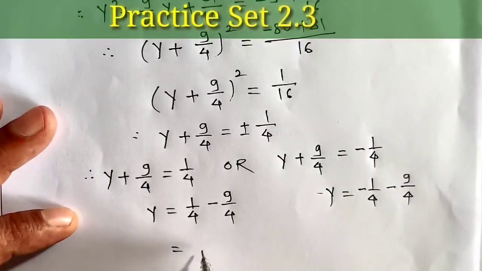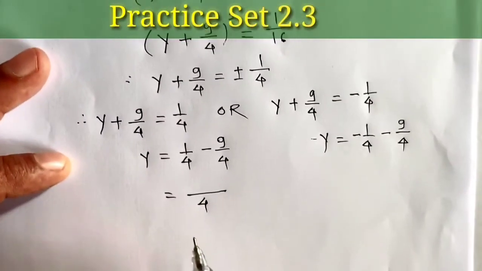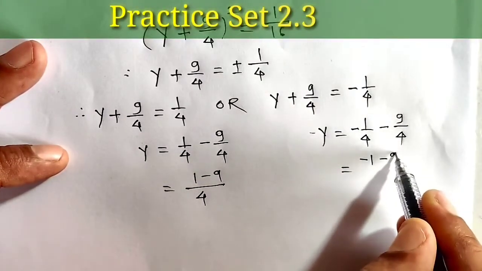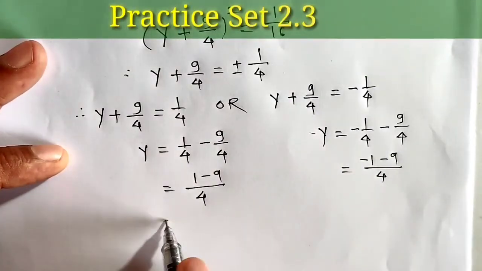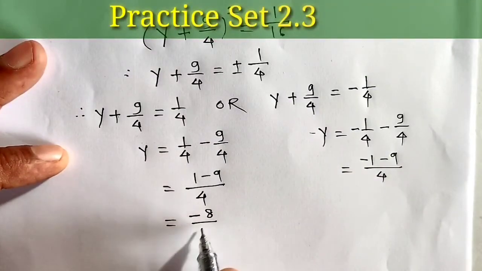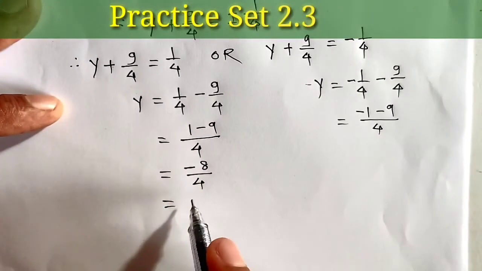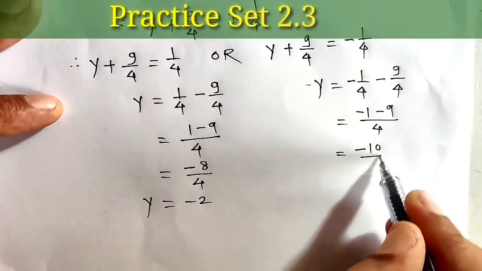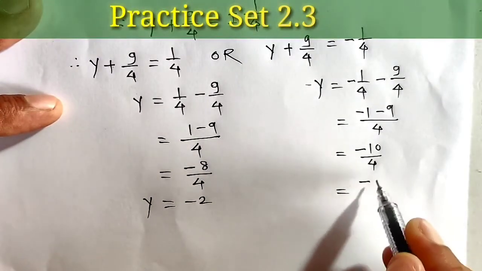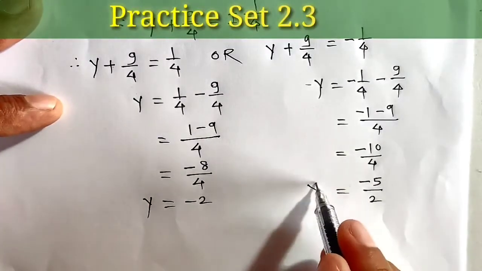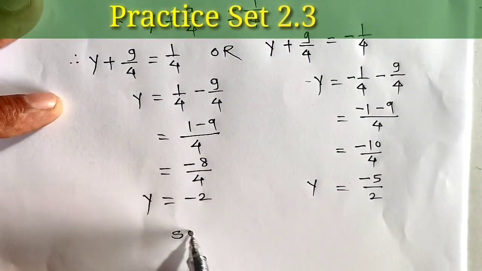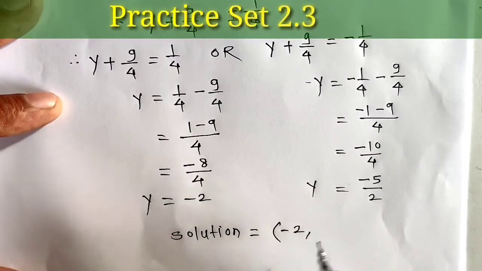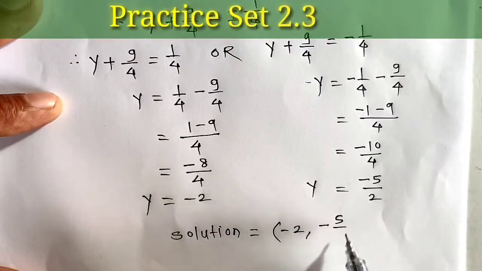So here we get 4 as the common denominator: 1 minus 9, and minus 1 minus 9, divided by 4. So 1 minus 9 is minus 8 by 4, 4 twos are 8, so minus 2. It is the first value. Here minus 10 divided by 4, so 2 fives are 10, 2 twos are 4. So we get y is equal to minus 5 by 2. So the solution is minus 2 and minus 5 by 2.